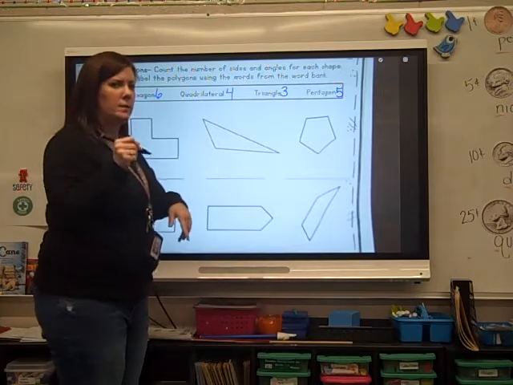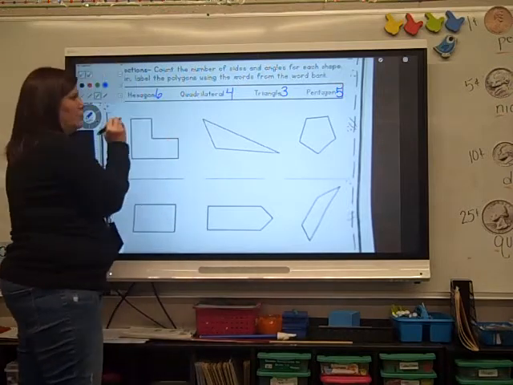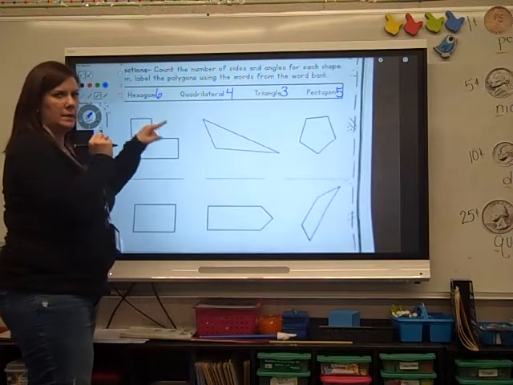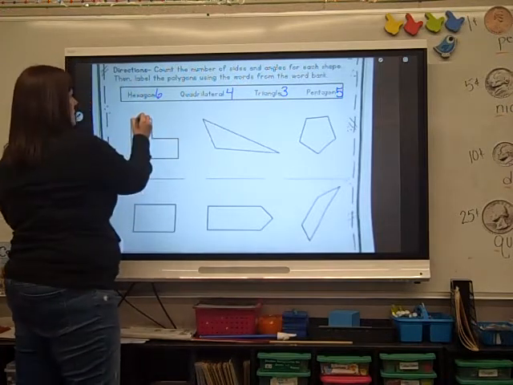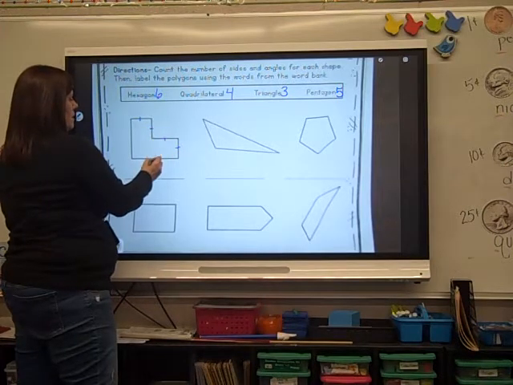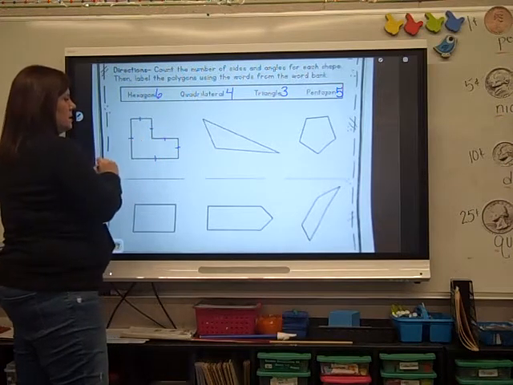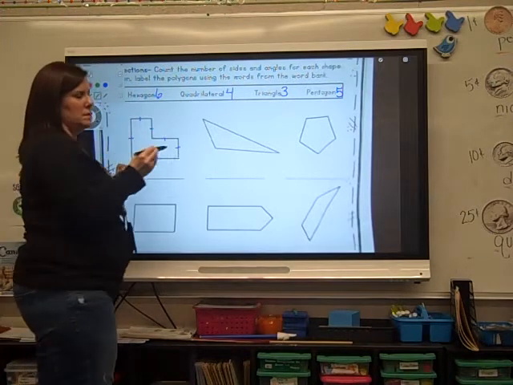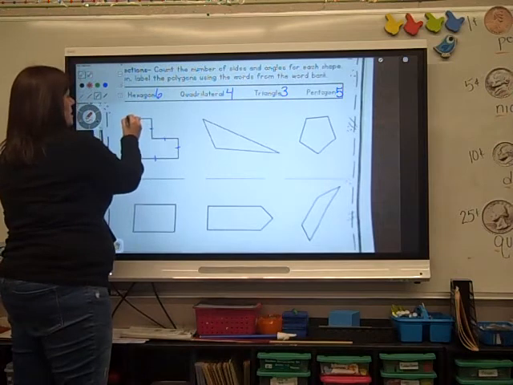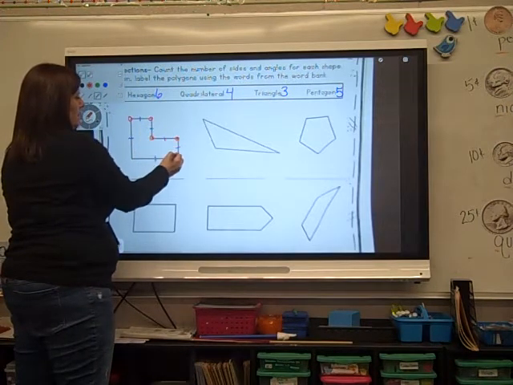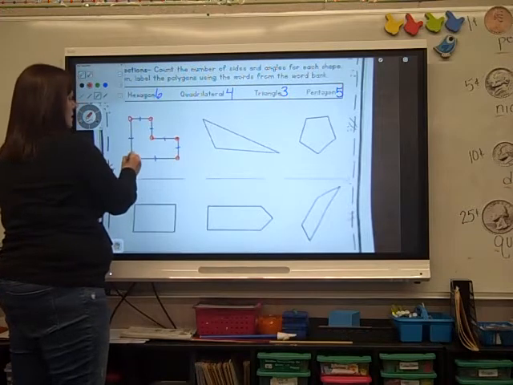Okay. I taught you last week how to count your sides. I showed you the easy way to do it. I always put a little mark. So let's go around this shape and let's count the sides. Ready? 1, 2, 3, 4, 5, 6. Now, we had to circle the angles. So let's do that. Ready? 1, 2, 3, 4, 5, 6.